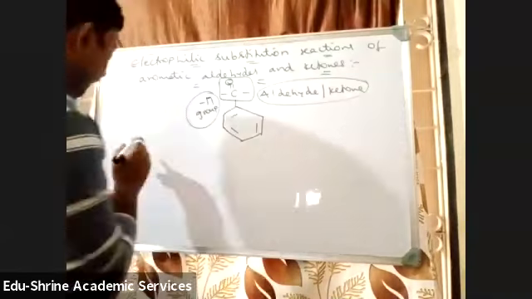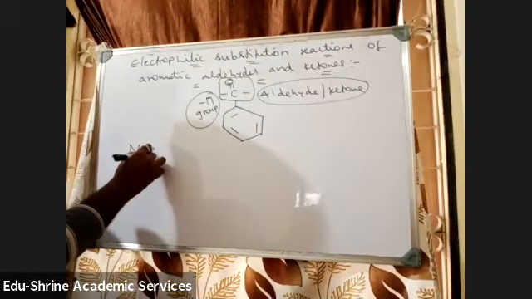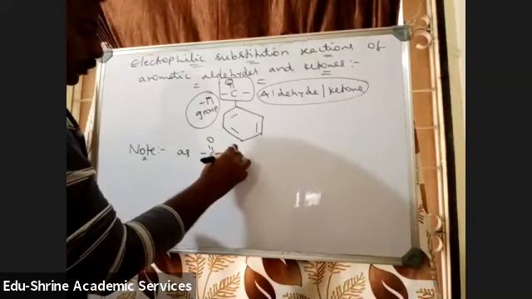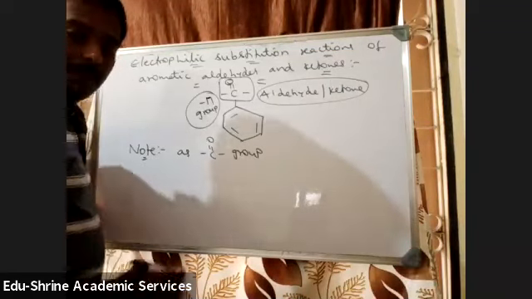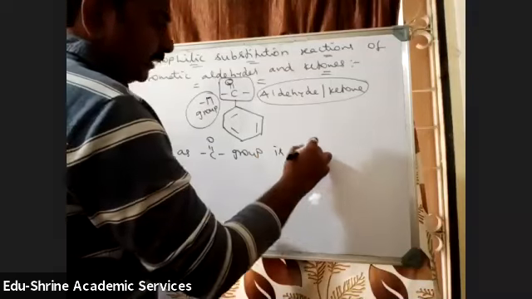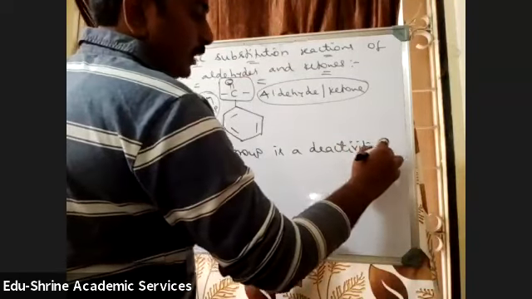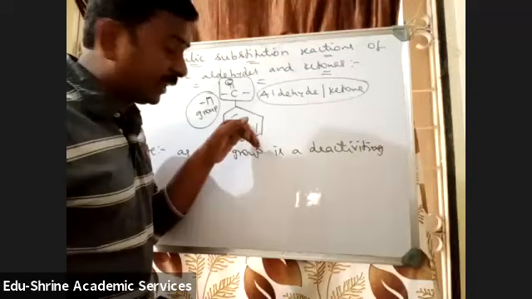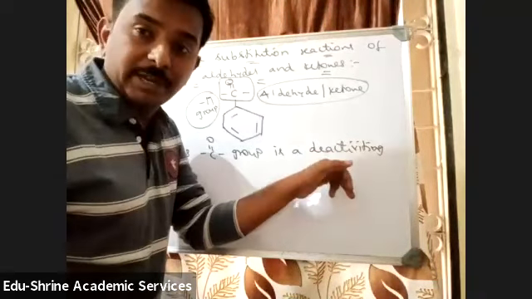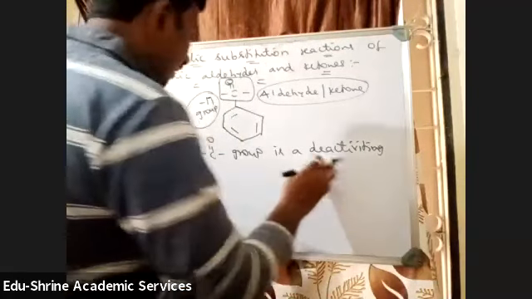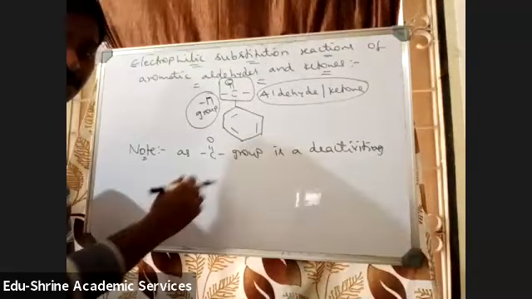So remember, write in the form of a note: the C double bond O group is a deactivating group. Those groups which decrease the electron density are called deactivating, and those which increase the electron density are called activating. So the C double bond O group is a deactivating group.